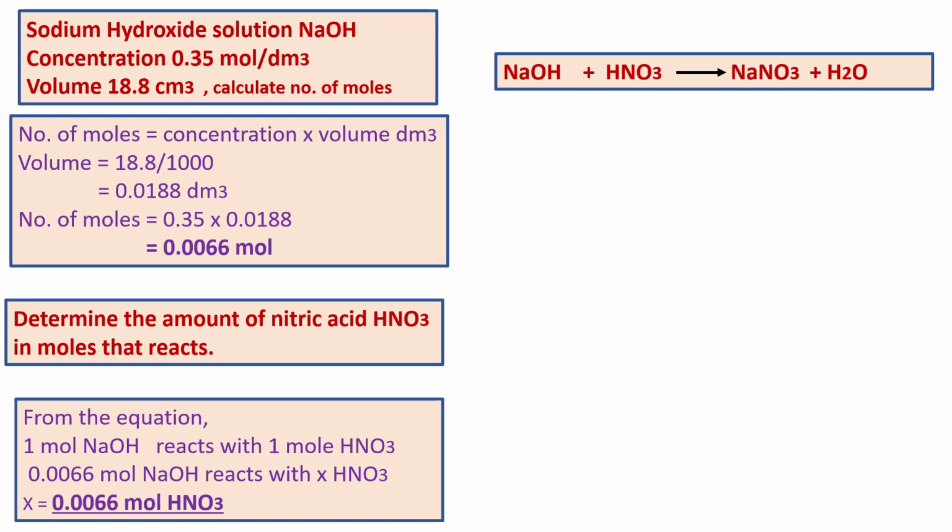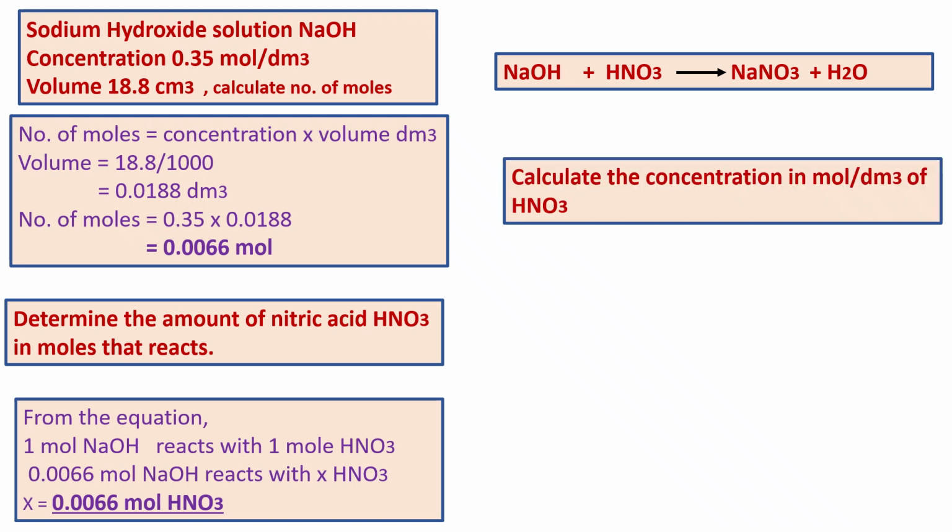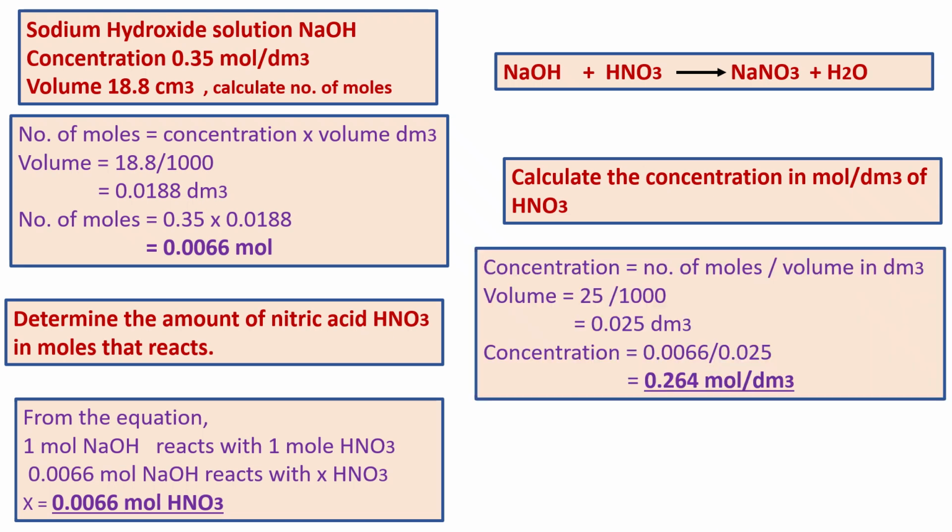Now, there is a third calculation we have to do. Calculate the concentration in mole per decimeter cube of nitric acid HNO3. The concentration is the number of moles divided by the volume in decimeter cube. So they have given us that the volume is 25 cubic centimeter. To change to the unit decimeter cube, we divide 25 by 1000.